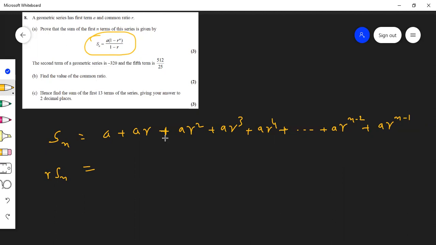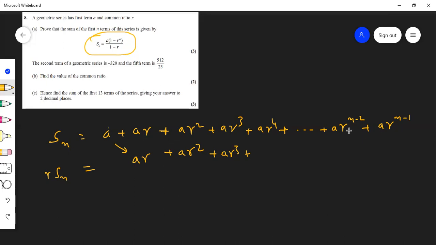I will write it slightly to the right, just below the ar. So a multiplied with r became ar, ar multiplied with r became ar squared, and ar squared multiplied with r gives ar cubed, and this process will continue.